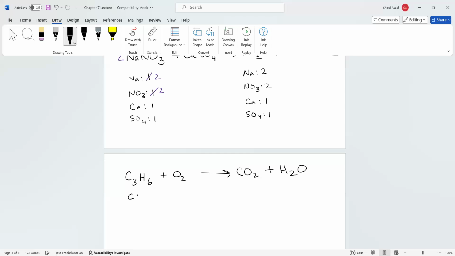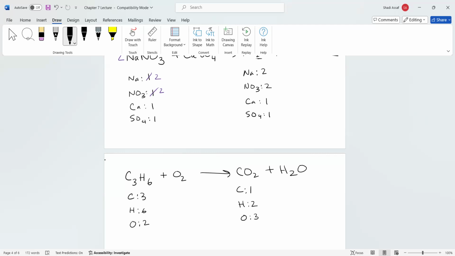So again, we list the carbon, the hydrogen, and the oxygen. We have 3, we have 6, and we have 2. C is 1, H is 2, and O is 3.